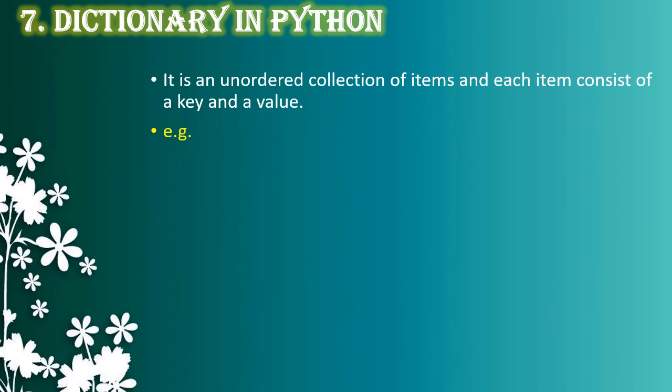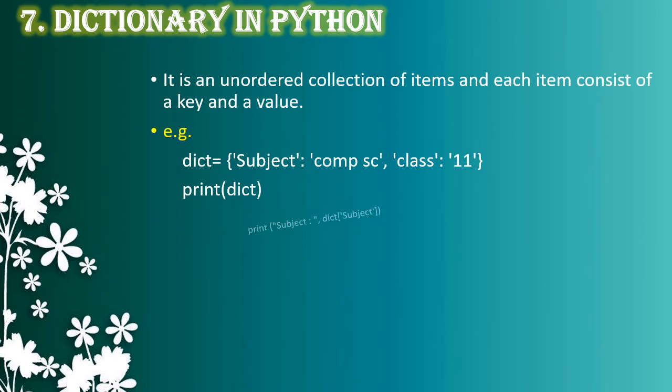Dictionary is also another collection of items, and every item has a unique key. It is a combination of key-value pairs, and this is also enclosed by curly braces. See here, subject is a key, class also is a key, and the subject key's value is computer science and the class value is 11. And we are printing the dictionary. If you want to fetch a particular item from the dictionary, we can use the key.